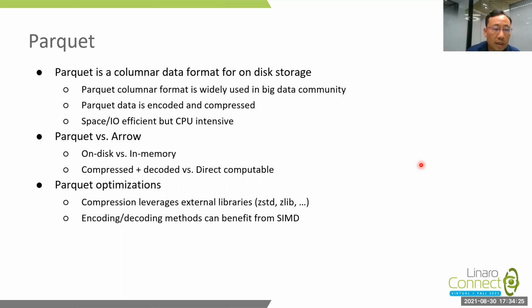Parquet data is space and I/O efficient. The data is encoded and compressed, and Parquet is also a very widely used project, already used extensively in the big data community.